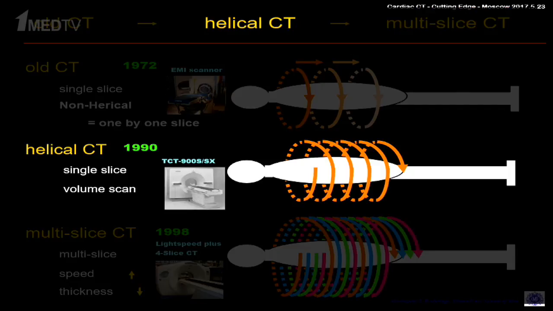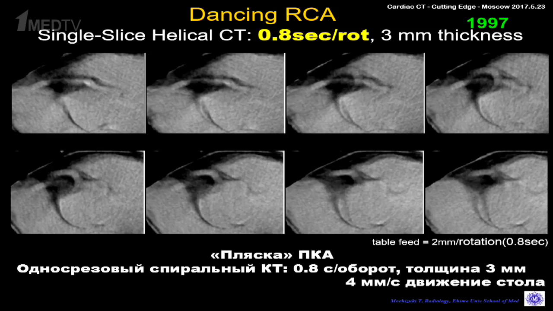So I used the single helical CT 21 years ago to image the heart. If we use the single helical CT, the temporal resolution was not good enough to image the heart.